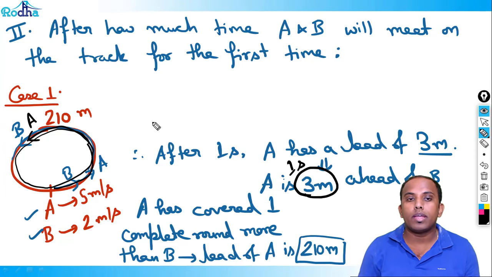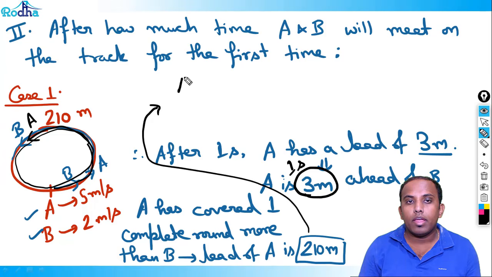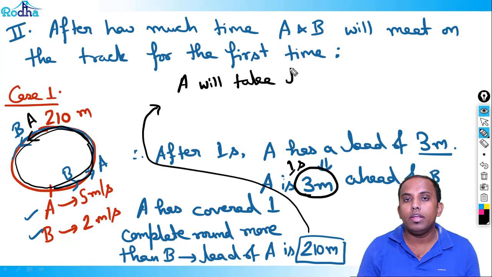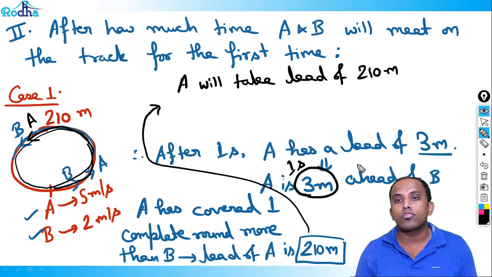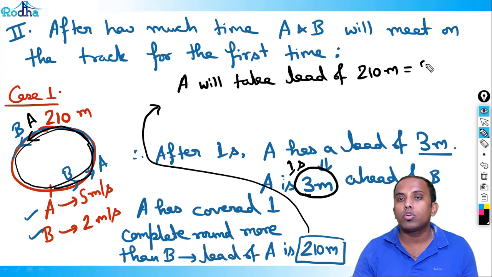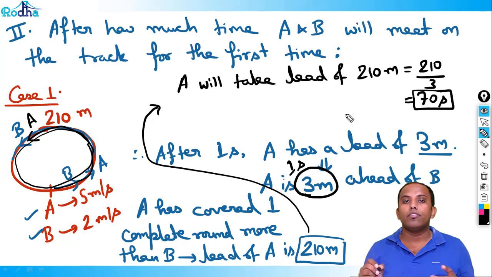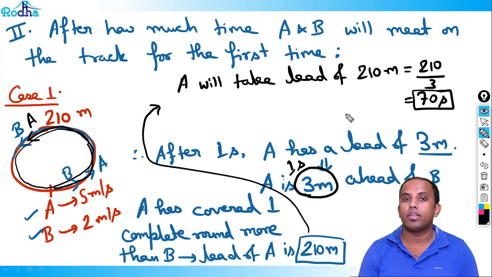So in how much time will A take a lead of 210 meters? In 1 second, A has a lead of 3 meters. So A has a lead of 210 meters in how much time? 210 by 3, that is 70 seconds. So after 70 seconds, A will catch B from behind. That is the answer.